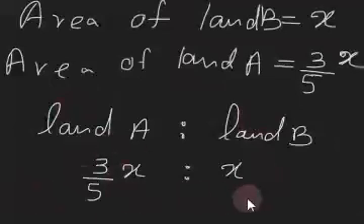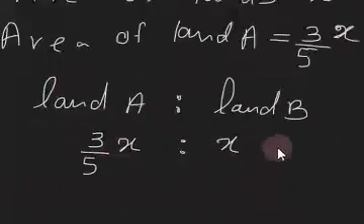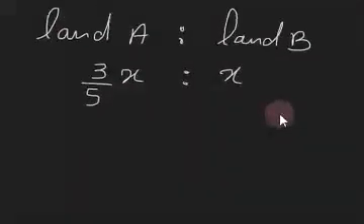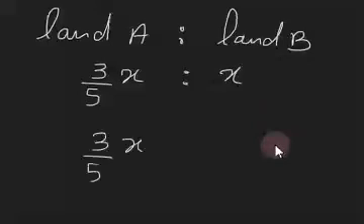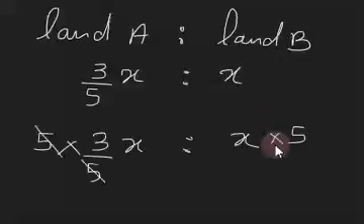First of all you have to remove the fraction. How do we remove the fraction? You multiply each and every term of the ratio by the denominator. Then you can remove this fraction. So 3x to 5x.